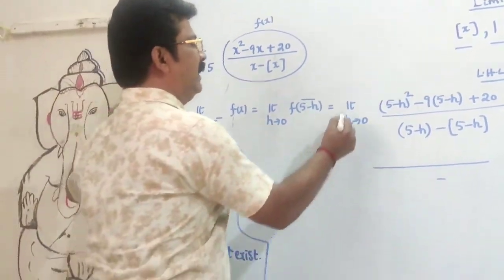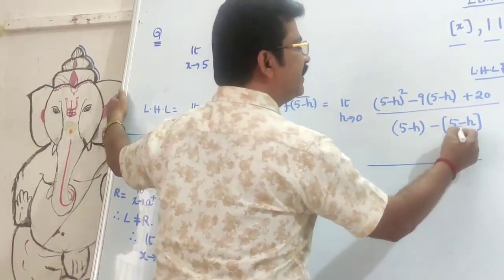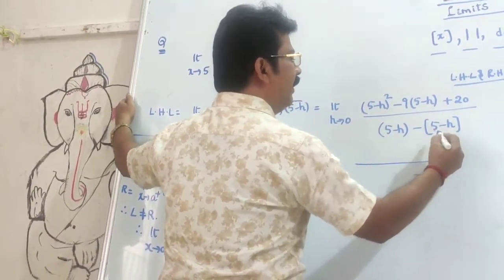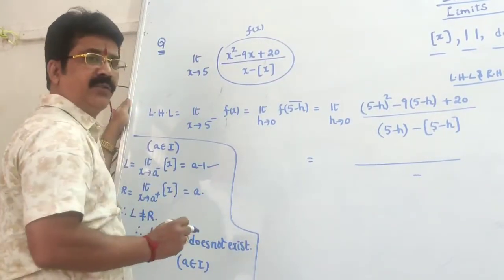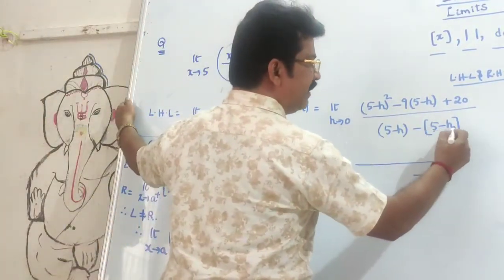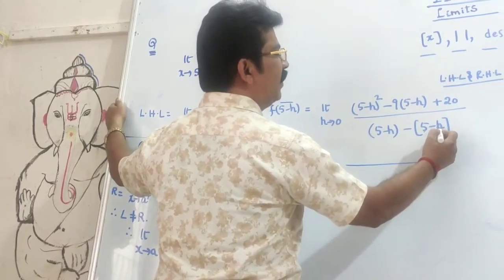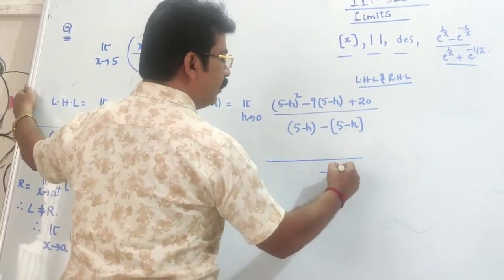Okay. So as h tends to 0, this value is 5. Here we are using a minus 1, meaning 5 minus something, h equals 0.001, means it is 4. Understand?